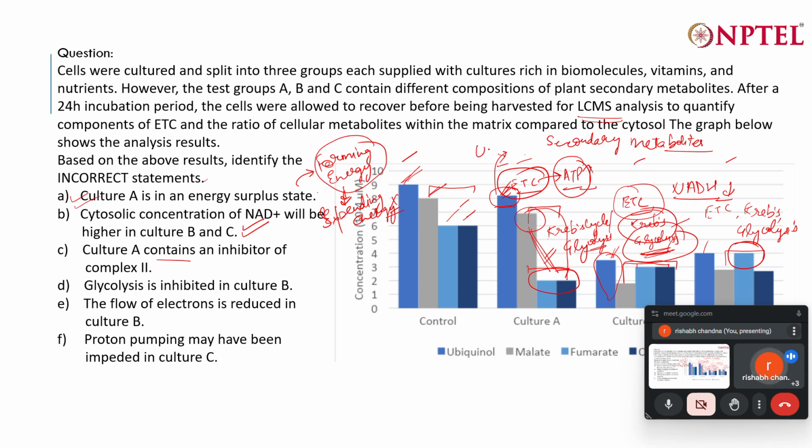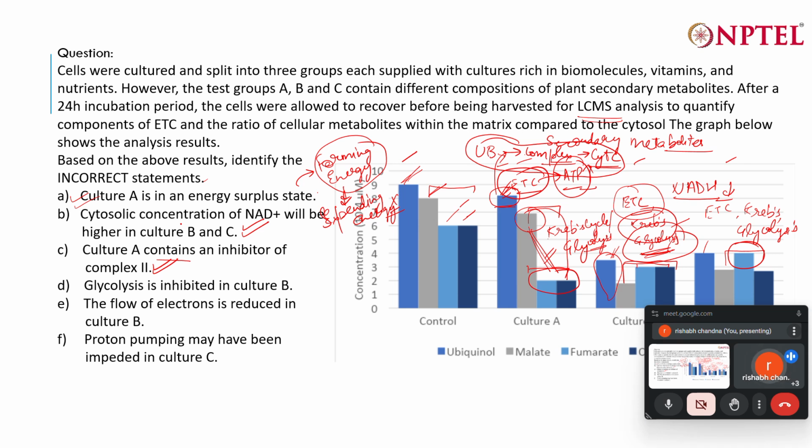Ubiquinol is actually associated with complex 3, that is cytochrome C and B. Okay, so if complex 2 is being suppressed, that means the ubiquinone cycle is actually taking place. Okay, so yes, this can be the correct answer.